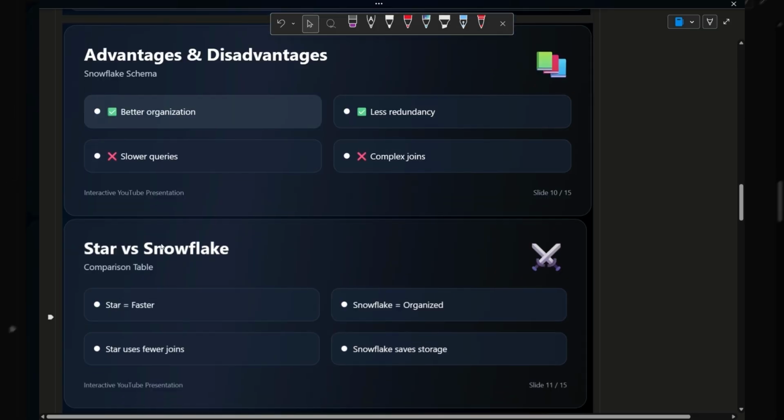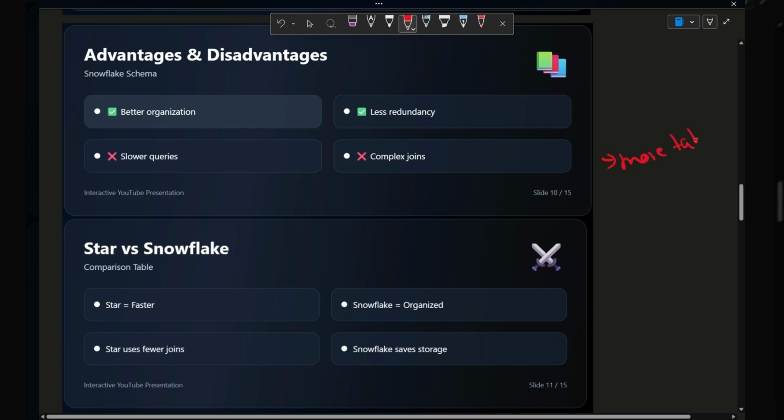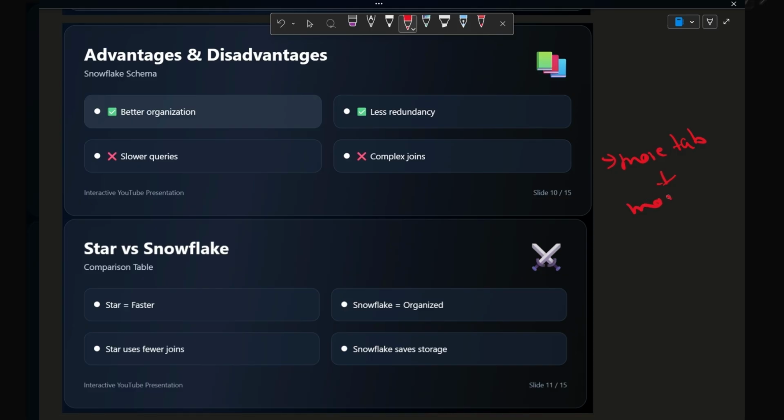Let's talk about the advantages and disadvantages. Advantages, I said earlier that due to highly normalized data, there is less redundancy. And if I talk about disadvantages, because of highly normalized data, there are more tables associated. More tables mean more joins while querying. More joins mean more time for execution, which leads to slower queries.